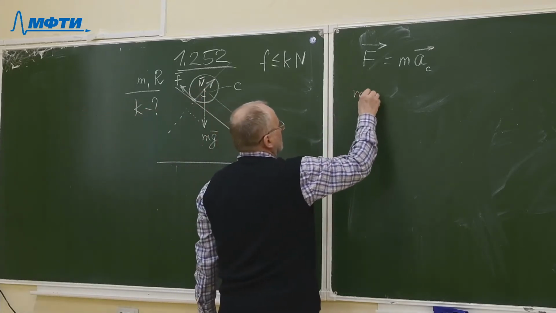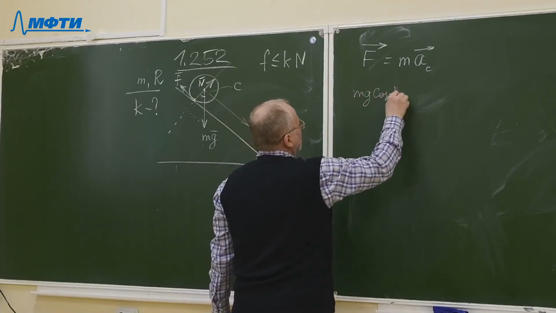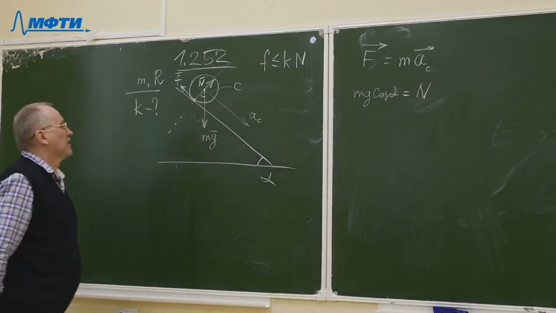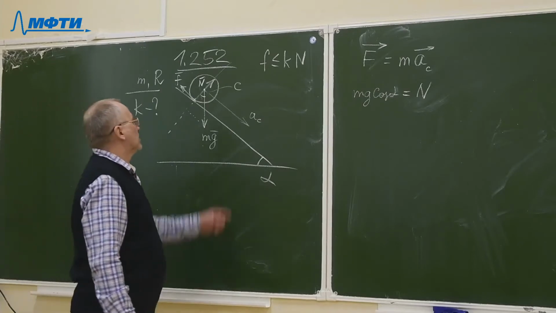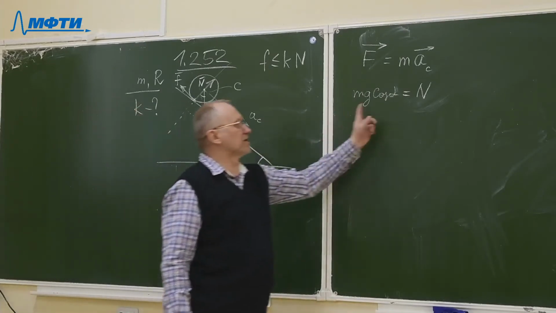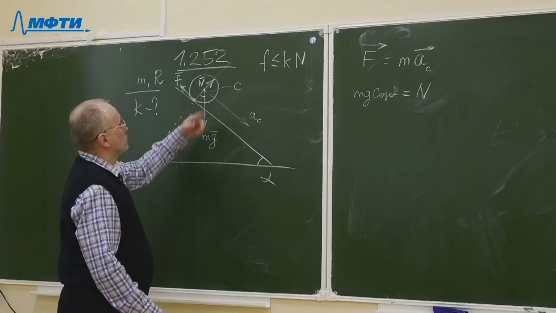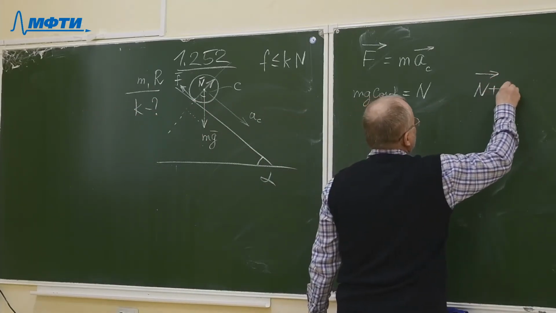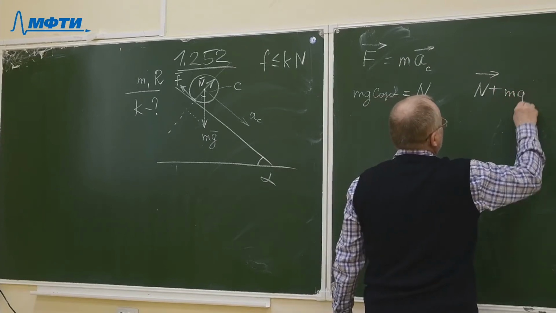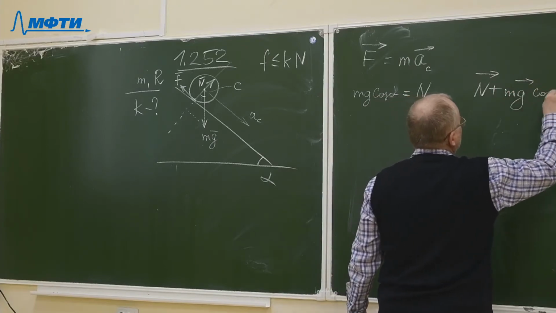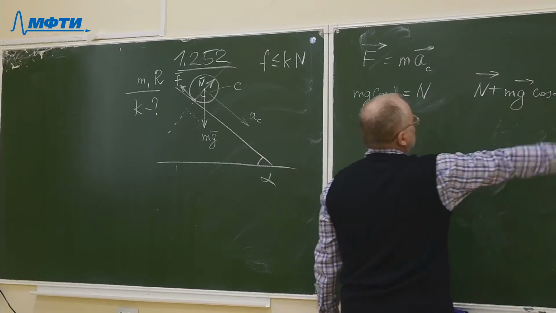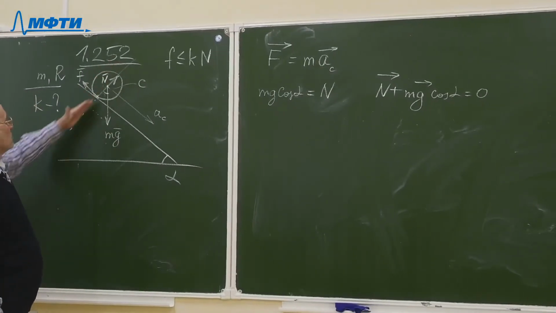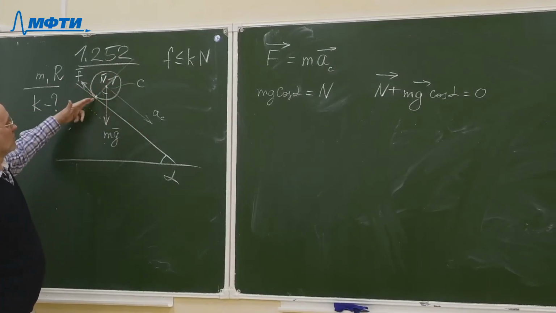So we know that mg cosine alpha must be equal to N in magnitude. In direction, these are oppositely directed vectors. I should have written it like vector N plus m vector g cosine alpha equals 0. The total force acting in this direction perpendicular to the surface must be 0.